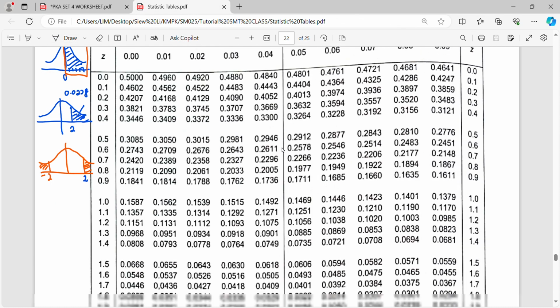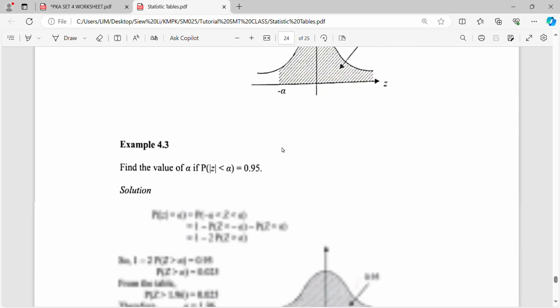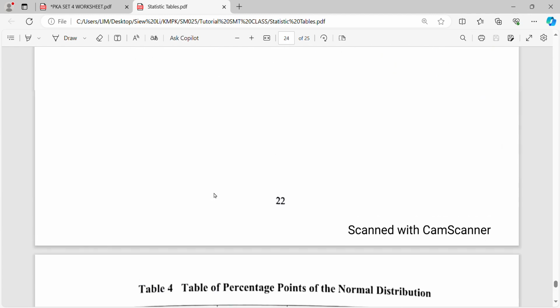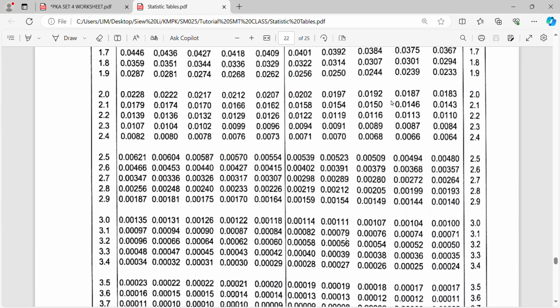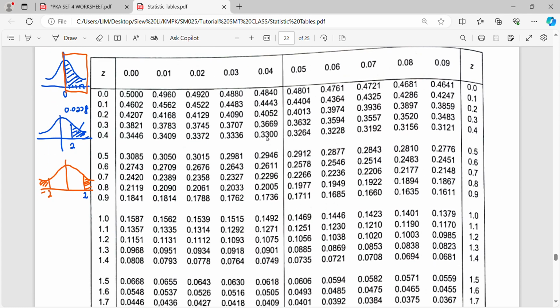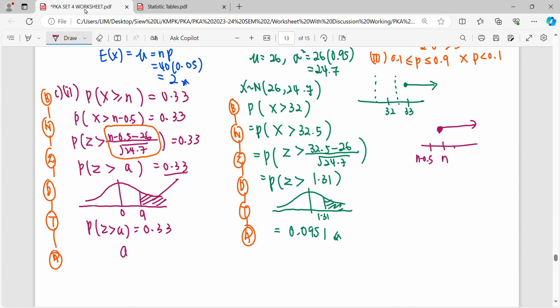So find from the table on the last page whether we can see 0.33. We don't have it, we have 30, then it skips to 35. So we have to find 0.33 from within here. This is the accurate number here. 0.33 is a reading of 0.44. Means the a value is 0.44 positively. Why positively? Because we already identified a on the right hand side.